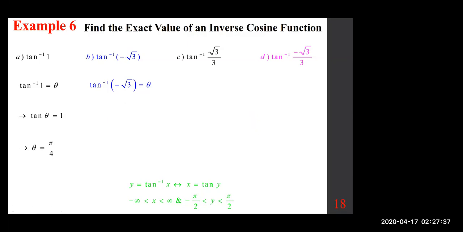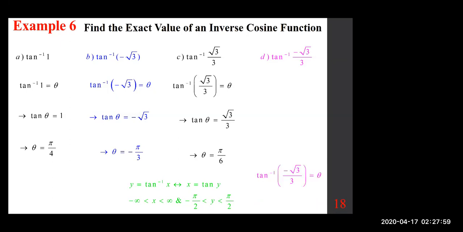Let's say it's theta. By definition, tan theta is negative square root of 3, and square root of 3 is pi over 3. Negative makes it negative pi over 3. The next one, the same thing, theta. So tan theta is square root of 3 over 3, and that's pi over 6, a very simple common arc. And the last one is the same thing, negative, because remember, tangent goes from negative pi over 2 to pi over 2.